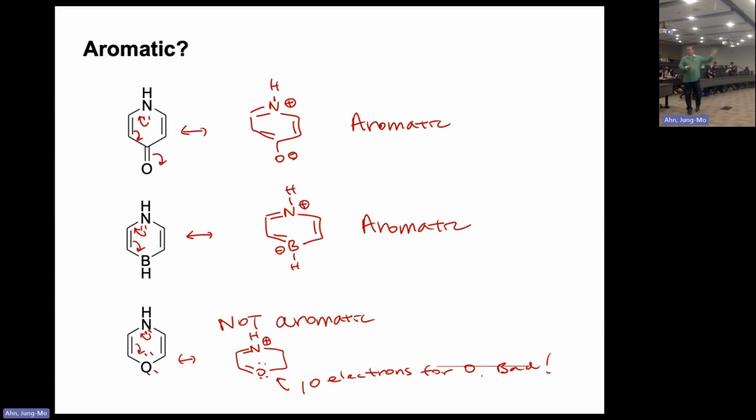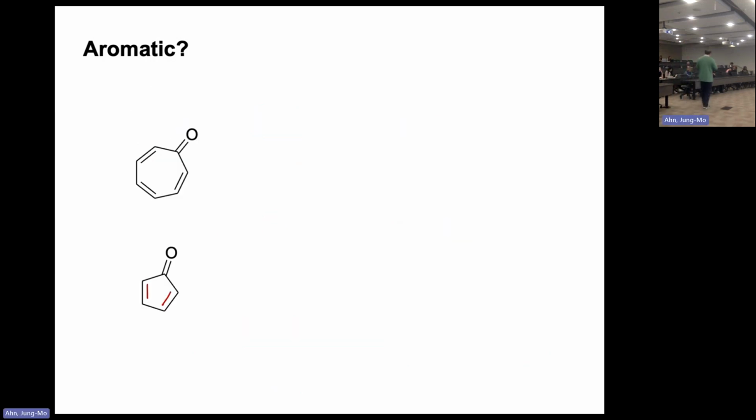I really hope you see the differences between these examples and understand why this one is aromatic and why that one is not. Okay, a couple more. Will this be an aromatic molecule?